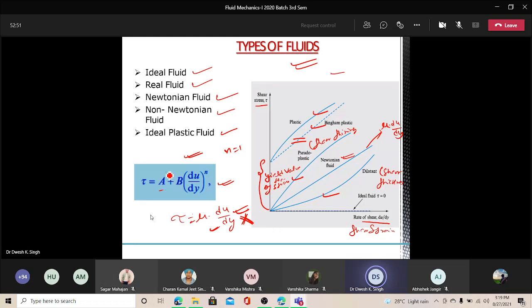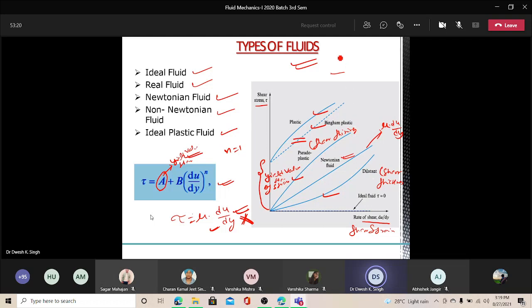So this A is basically the yield value of shear stress. What this yield value says is that the fluid itself is not able to start the flow. It needs an initial push, we have to give a yield value, and after that it will continue the motion.